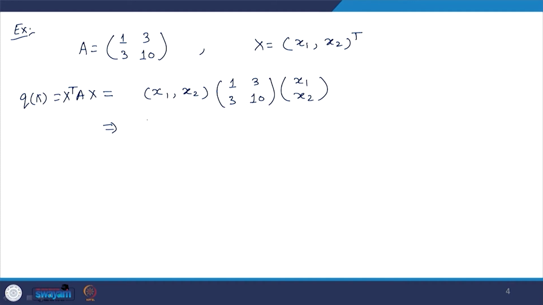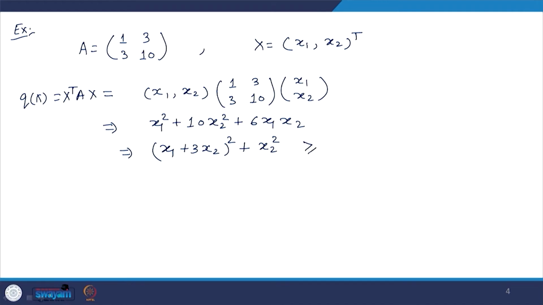This will give you x1 square plus 10 x2 square plus 6 x1 x2. This I can write as (x1 plus 3 x2) whole square, so it will become x1 square plus 9 x2 square plus 6 x1 x2, plus x2 square.